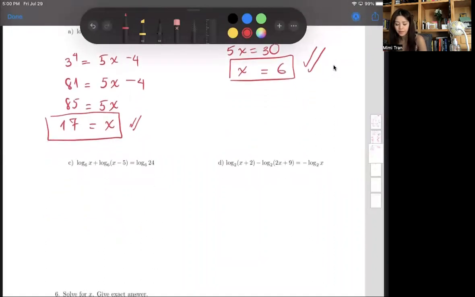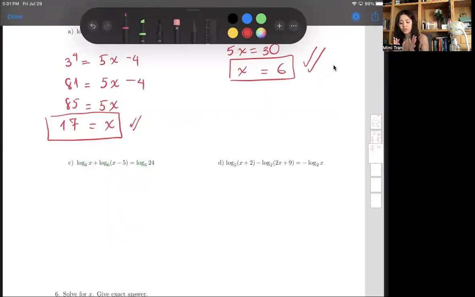C, we have 3 logs. On the left-hand side, you have 2 separate logs. The first thing we need to do is combine the logs on the left-hand side. Don't drop it. Don't do this. A lot of students see it and automatically drop the logs and write x plus x minus 5 equals 24, which is wrong, right? You're going to combine the logs first.